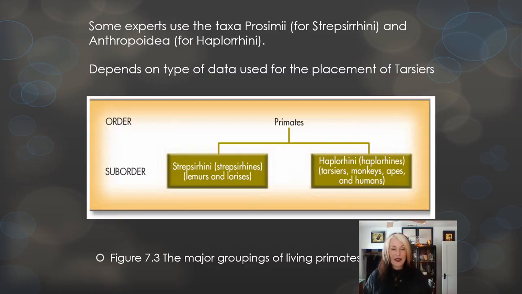And here you can see, drop down at suborder, Strepsirhine is often used, or like on your chart, accompanied with the more traditional organizational term prosimian, and then opposite, anthropoids and the Haplorhines.